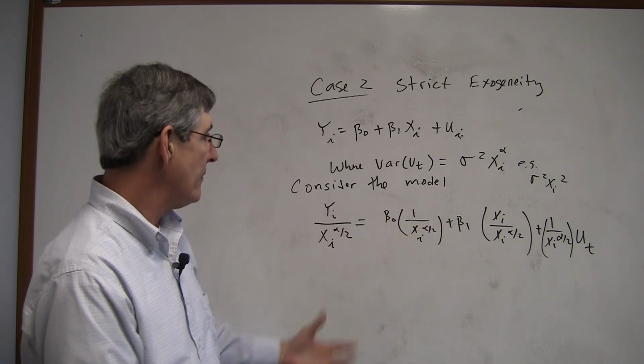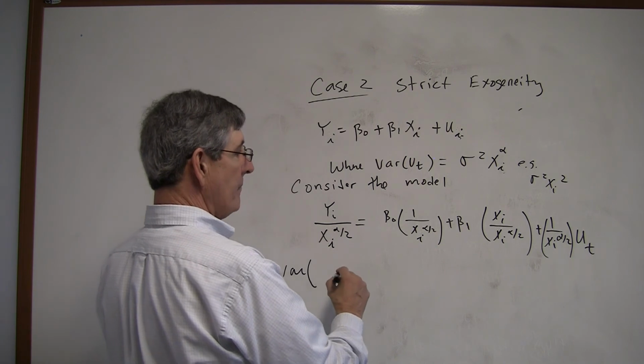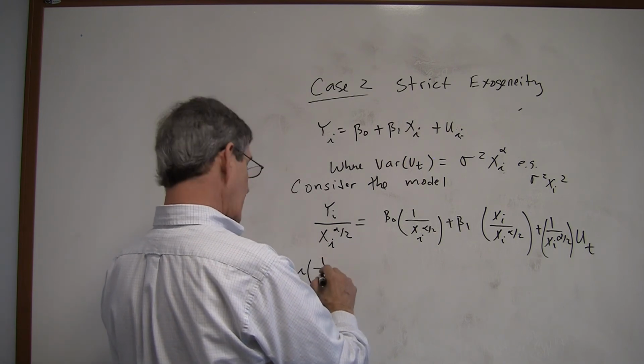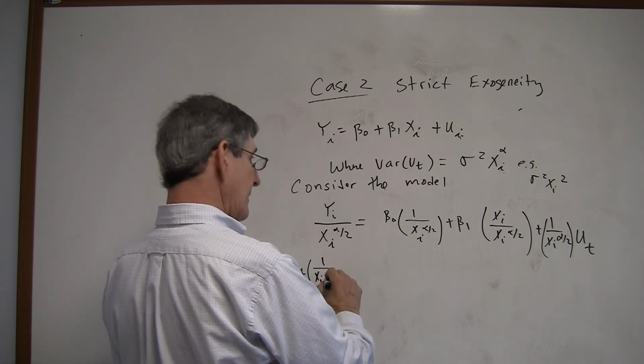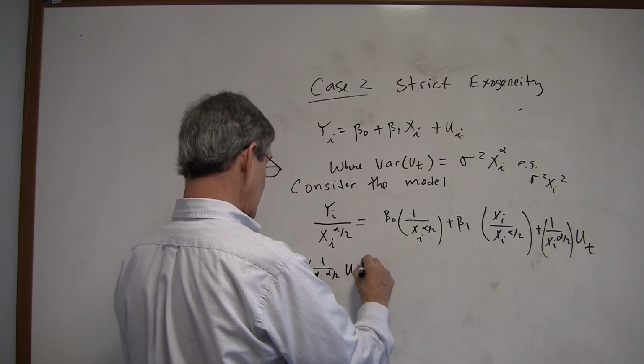Why would you want to do that? Well, look at the variance of 1 over xi to the alpha over 2 ut.